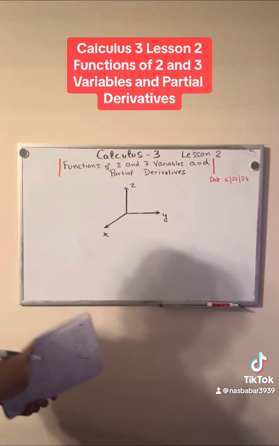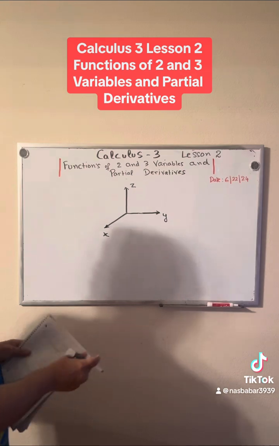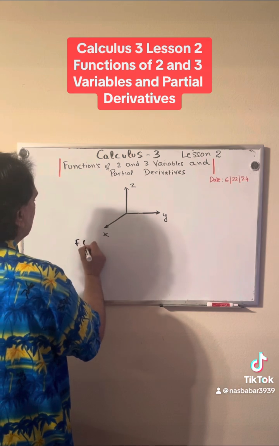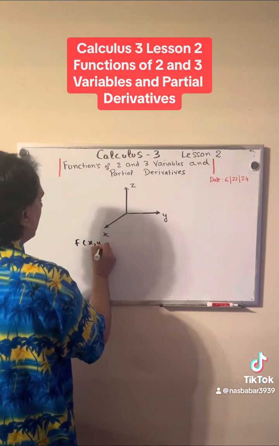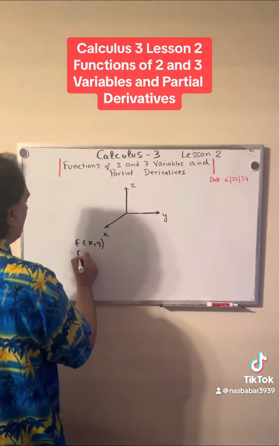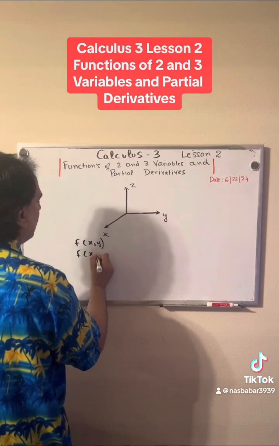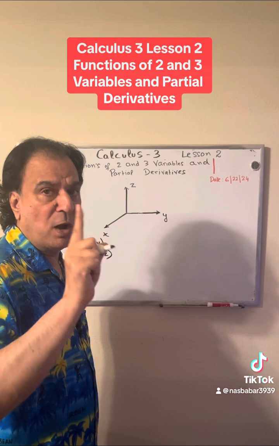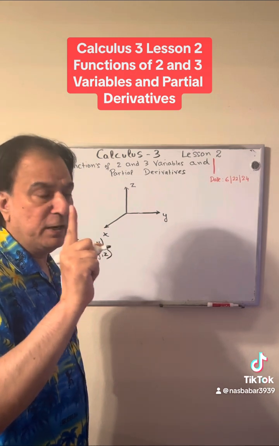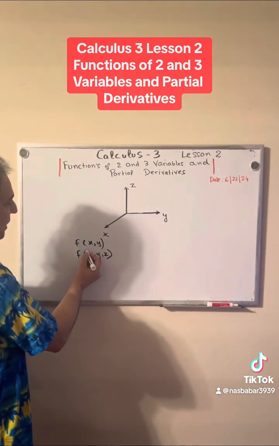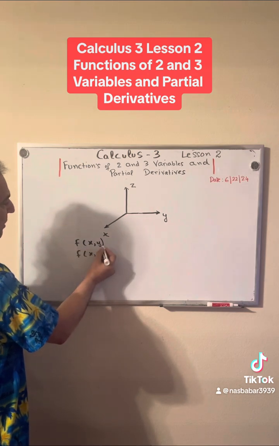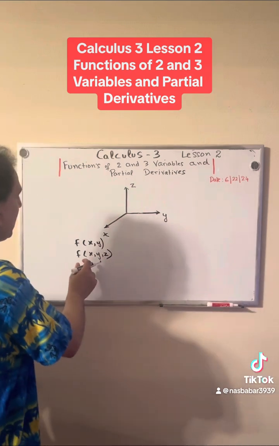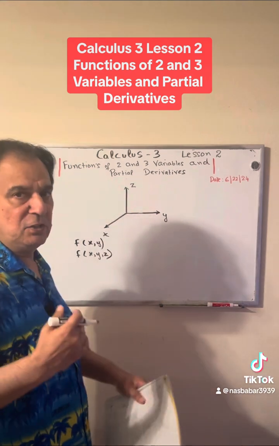What we're going to do is study functions of x, y, and functions of x, y, z. In Calculus 1, you only had one x, a single independent variable. But in this case, we're going to look at two dimensions by looking at x and y as independent variables, and then we're going to look at x, y, z as independent variables.